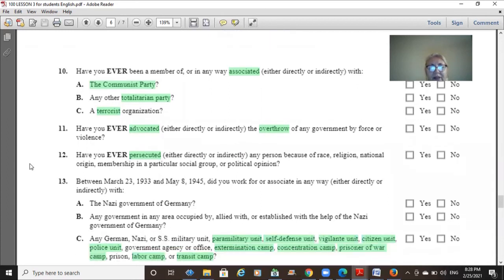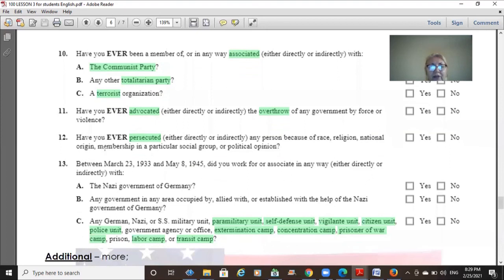Number 11, have you ever advocated, either directly or indirectly, the overthrow of any government by force or violence? So have you ever supported the change of any government or replacement of any government by force or violence? Yes or no?